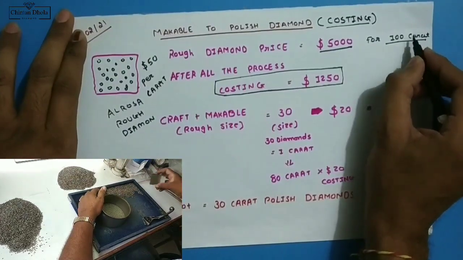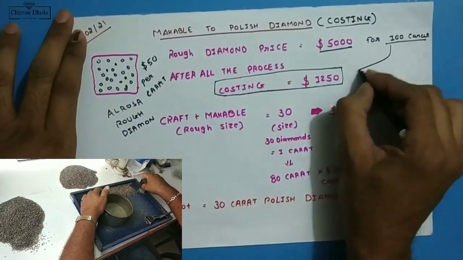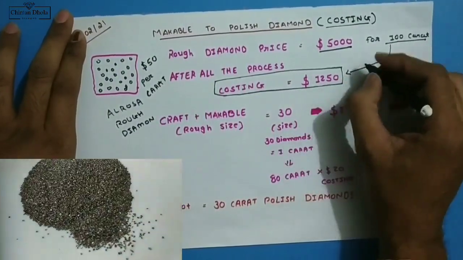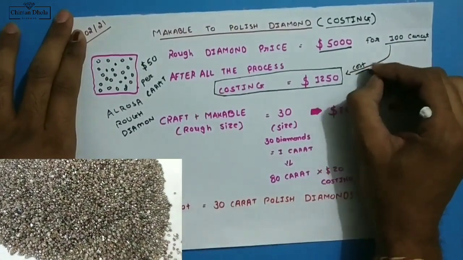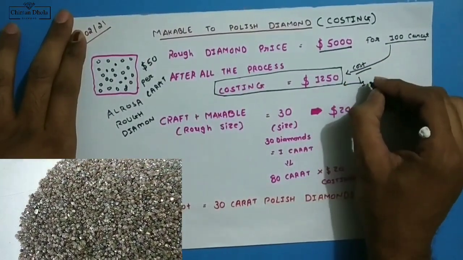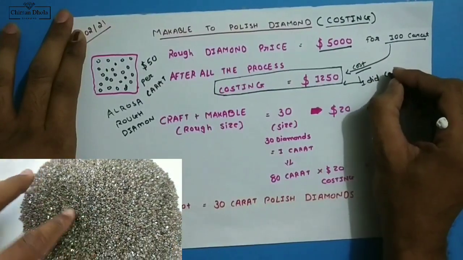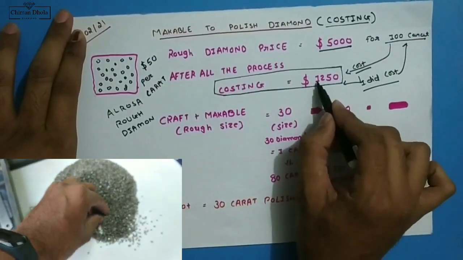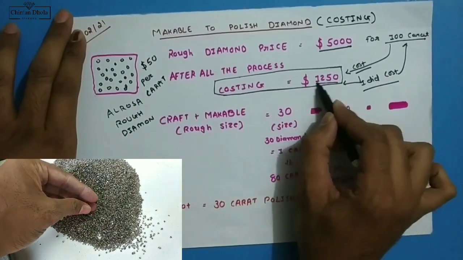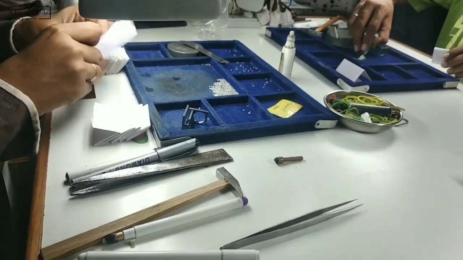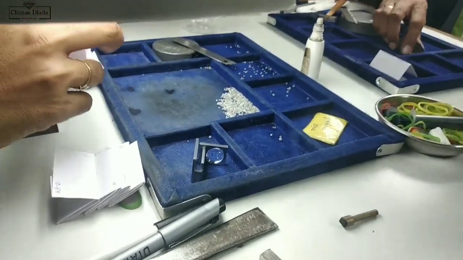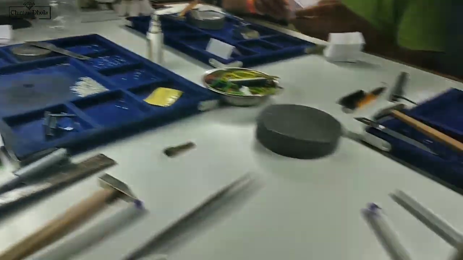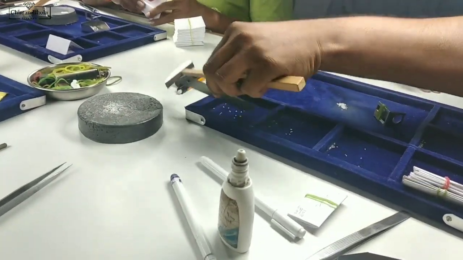After I purchase the 100 carat, I already did this cost on this 100 carat diamond, $1250 included in it.